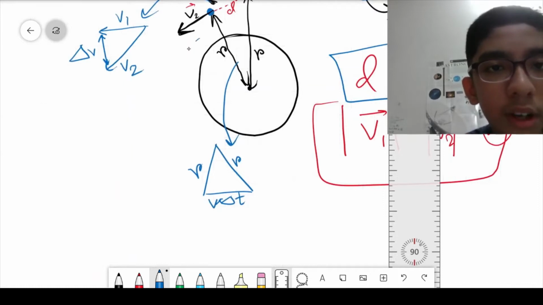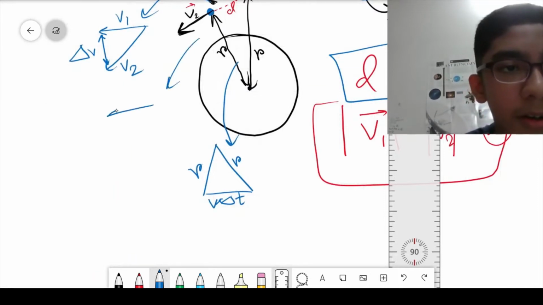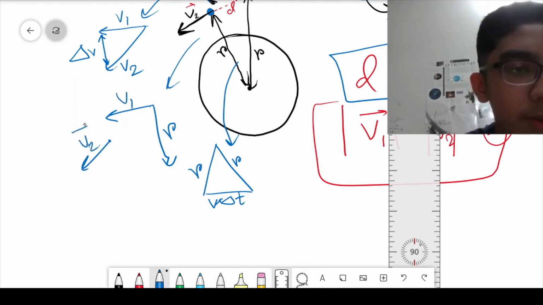Now see, if I draw this one again, this one will be r, this one will be v1, this one will be v2, and this will be the center of the planet.